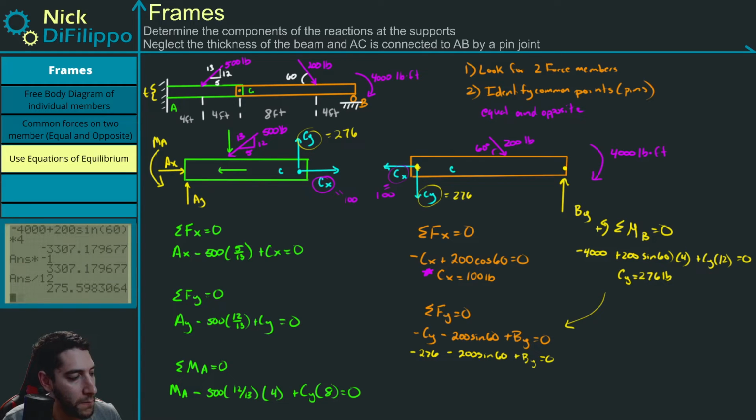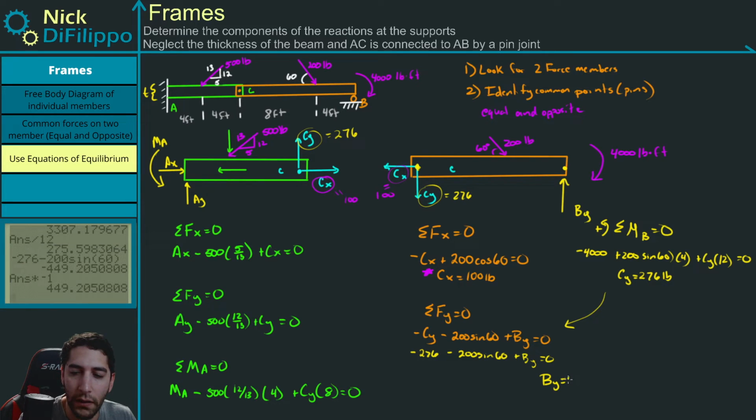So minus 276 minus 200 sine of 60 times minus 1, and I get BY is equal to 449 pounds. And this is a positive, so we know that this is going up.